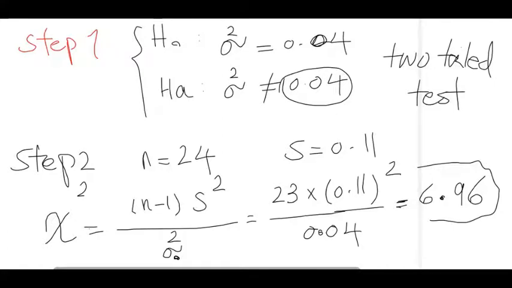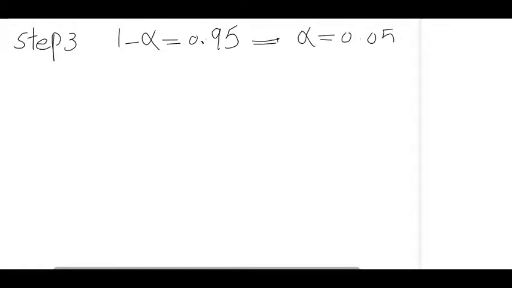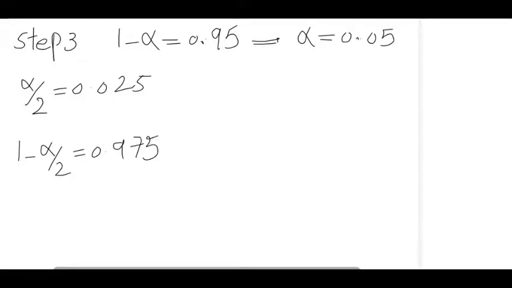So in step 3, one minus alpha is 0.95. So alpha is 0.05, and we need two critical values from chi-square table. One of them for alpha divided by 2, and another one for 1 minus alpha divided by 2.